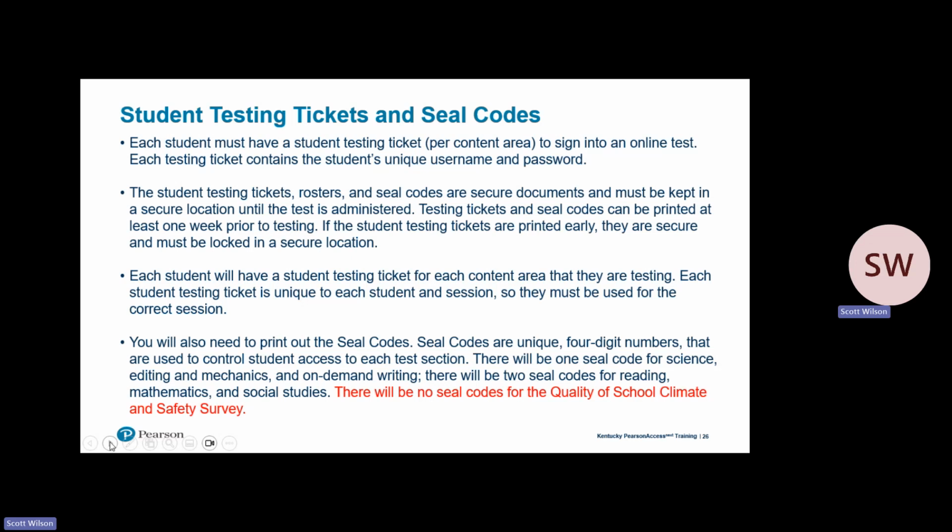Testing tickets and seal codes can be printed at least 1 week prior to testing. If student testing tickets are printed early, they are secure and must be locked in a secure location. Each student will have a testing ticket for each content that they are testing. Remember that testing ticket is unique to each student and each session, so they must be used for the correct session.